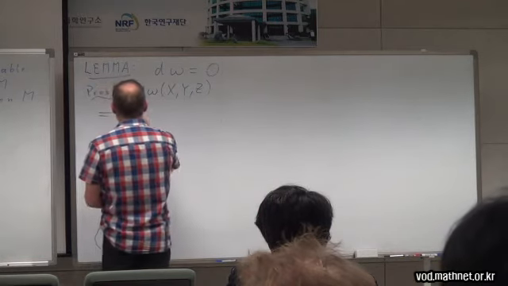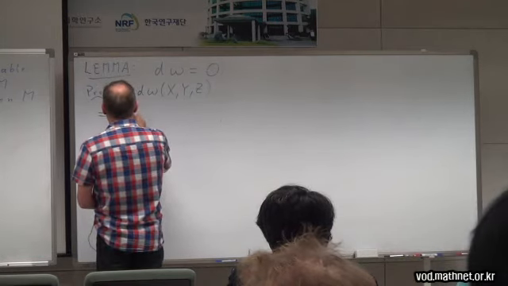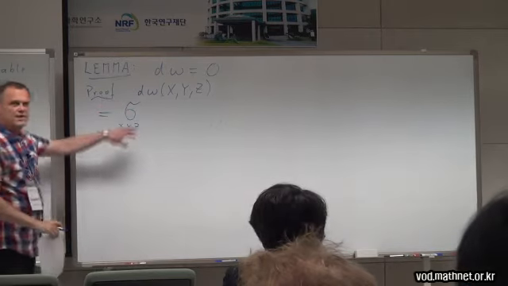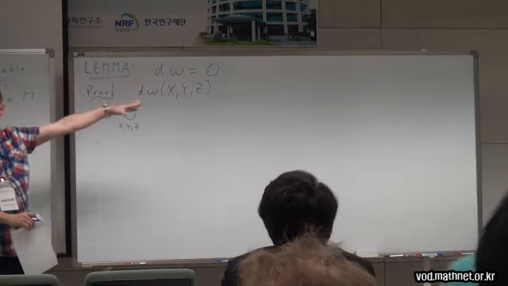So by definition, I take the cyclic sum over X, Y, Z. This is my symbol for taking the cyclic sum of whatever comes after that.